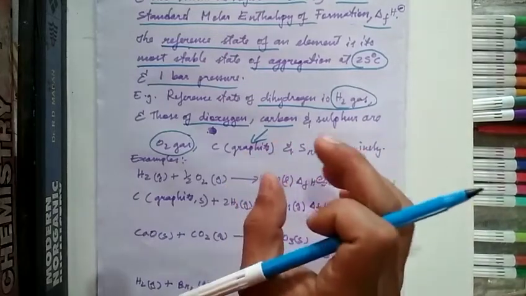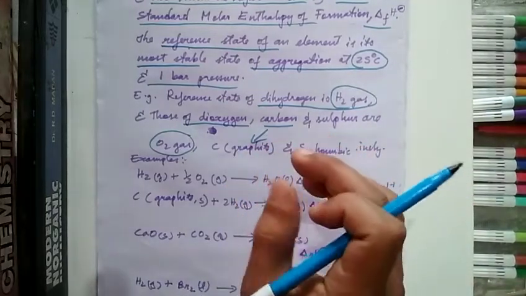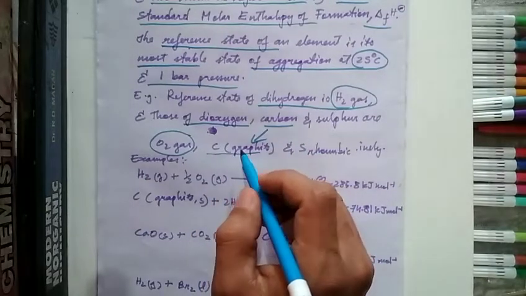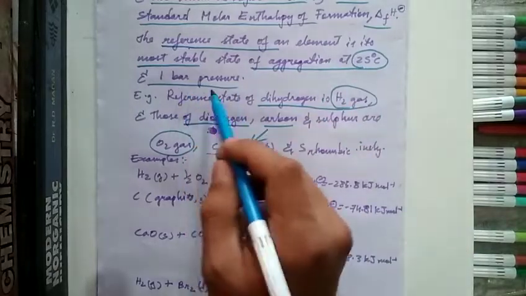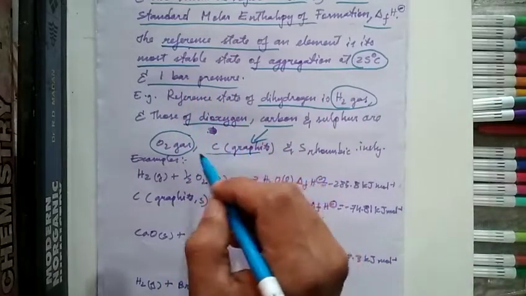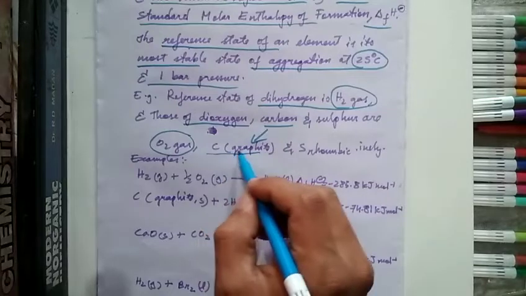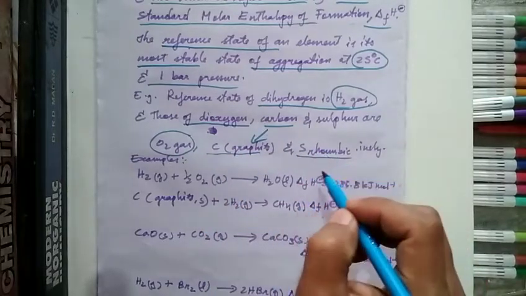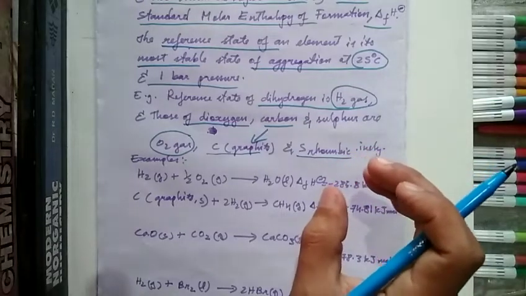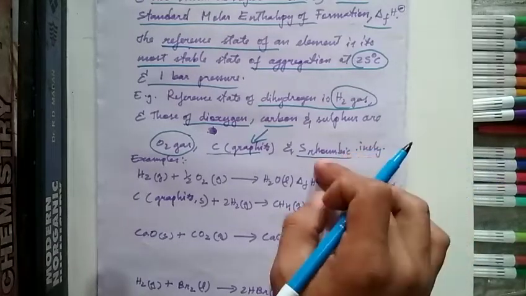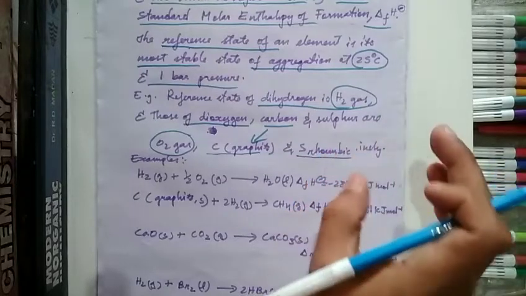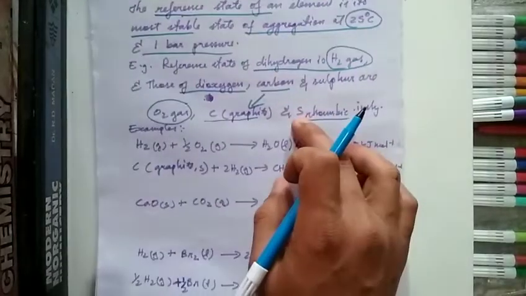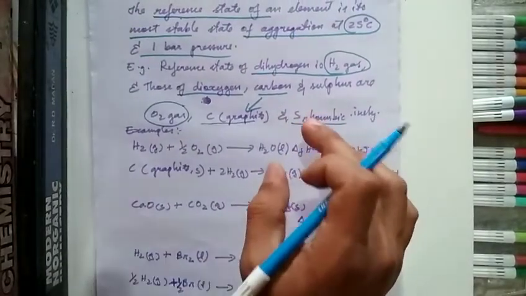But among the allotropes of carbon, graphite is the stable one, stable at 25 degrees Celsius and 1 bar pressure. So this is the reference state of carbon. And rhombic sulfur is the reference state. It also has allotropes, rhombic and monoclinic sulfur. So in this case we'll take the reference state.